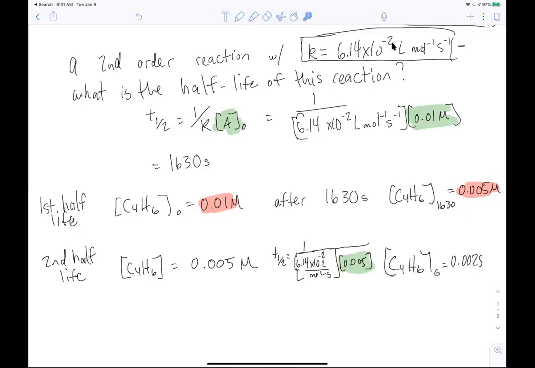And if we work that out, we end up with, let's just call it that, 3,200. That's an S. Messy handwriting. So yeah, the second half-life is 3,257 seconds, or 3,260 seconds or whatever.